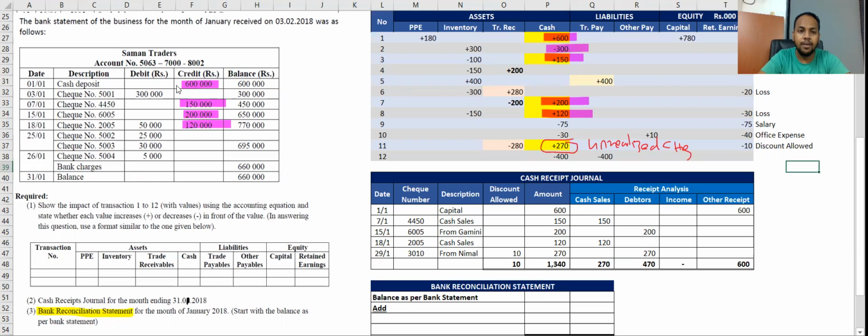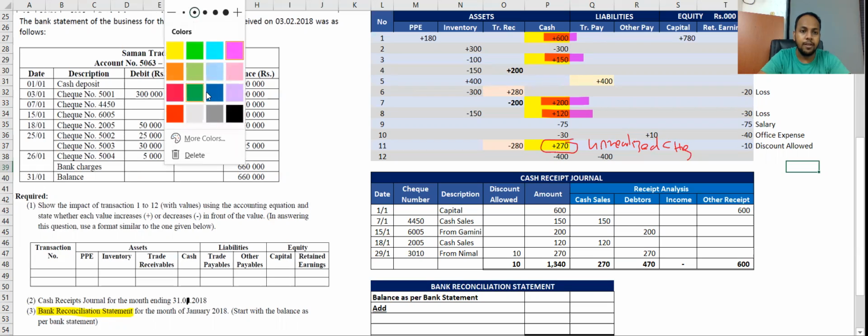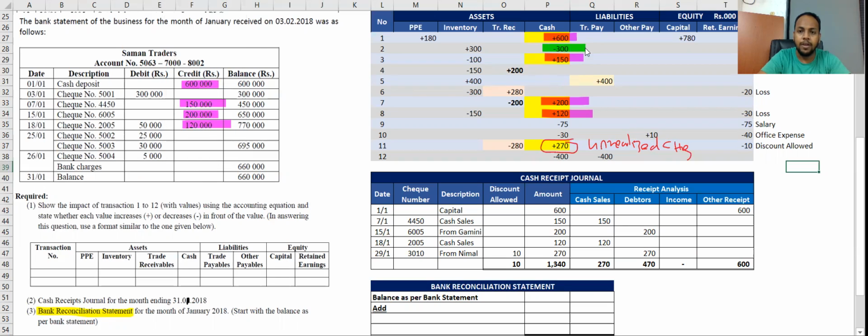So 300 payment is there in the bank account and the bank statement. Paid and presented. 75 means the 50 and 25, the two payments for salaries. And 30,000, 30,000.